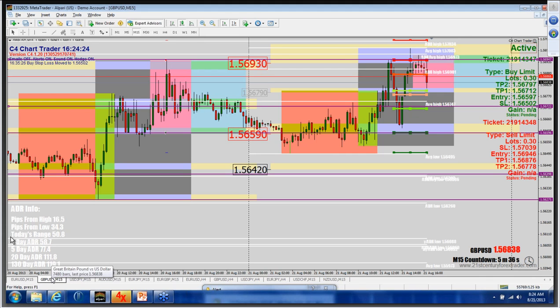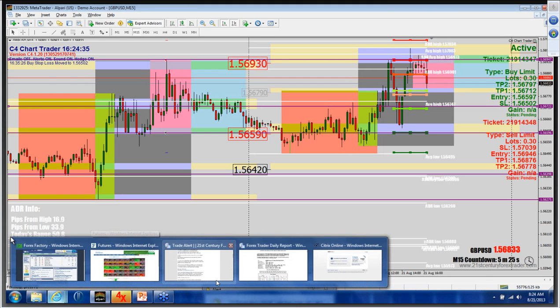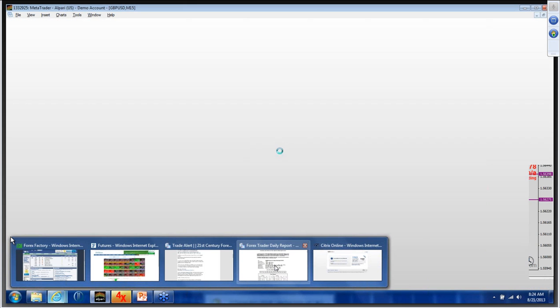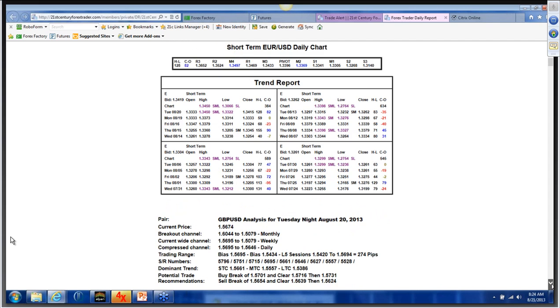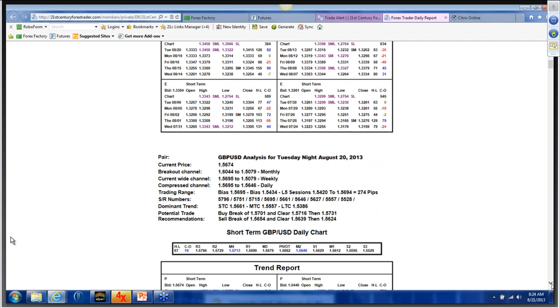All right, so pound USD. Current price trading at 56.83. Again, we'll go a little bit faster on this one. What we're going to do is look for our channel information, and channel is telling us that we have a daily channel bottom at 56.46, and we have a channel top at 56.95.